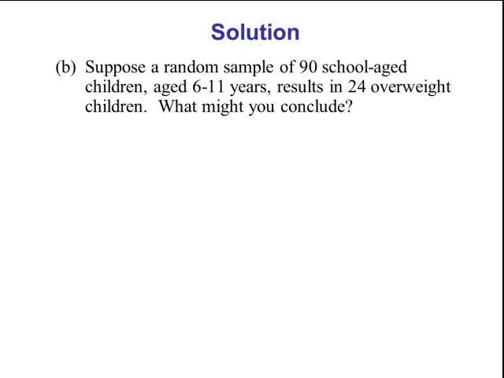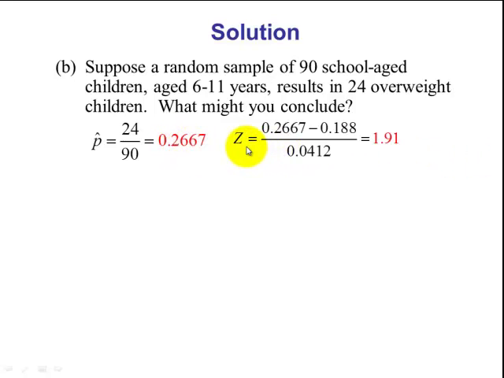Let's look at B. Suppose a random sample of 90 school-aged children aged 6 through 11 resulted in 24 overweight children. What might you conclude? We compute our p hat, x over n, which is 0.2667. We change that to a z-score. We take 0.2667 minus the mean, 0.188, and divide by the standard deviation.